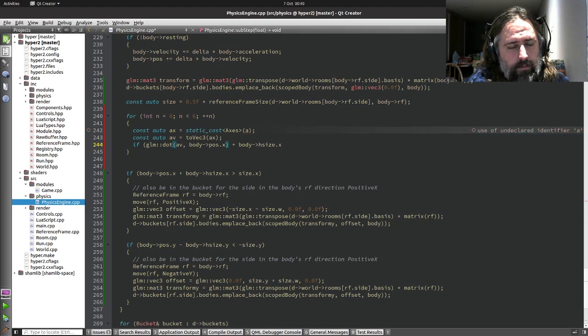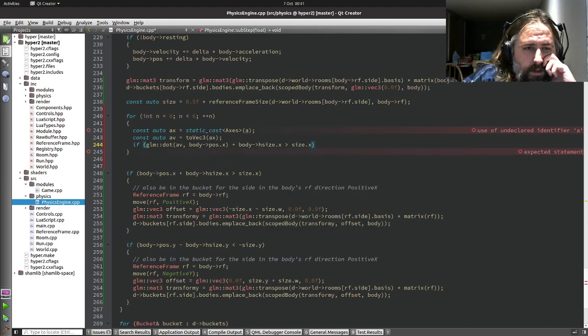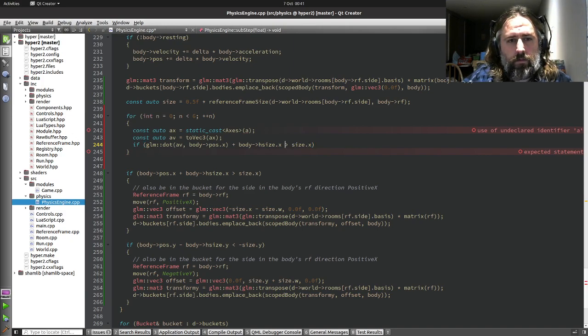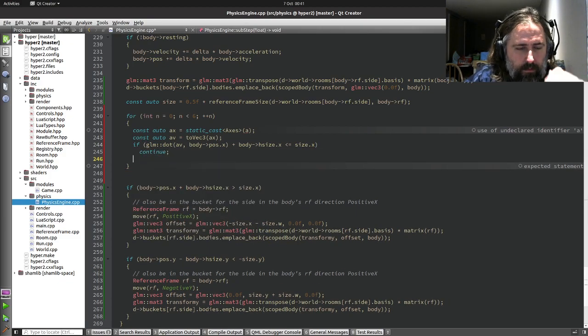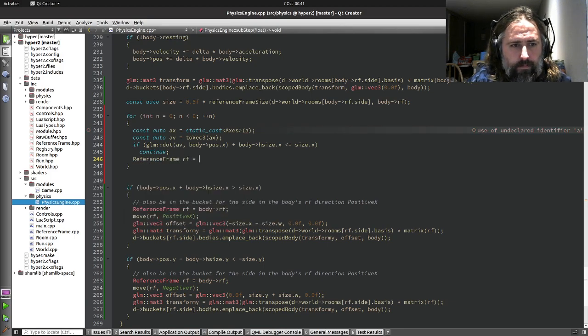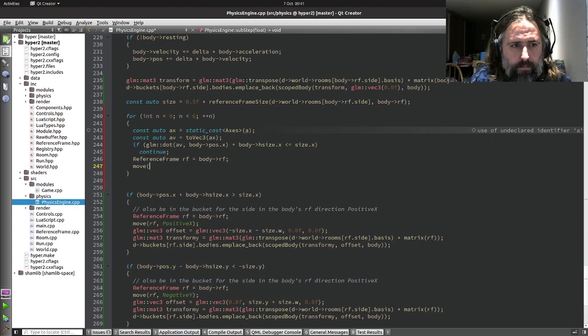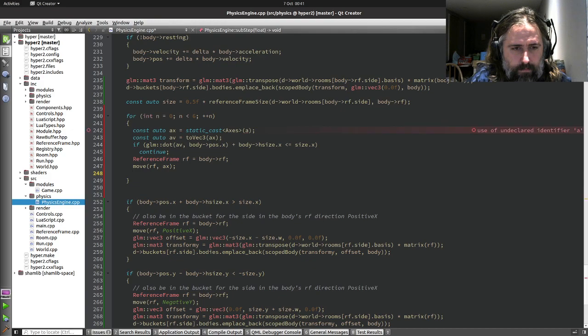No, okay, so with that is bigger than size x, is that correct? Maybe. So what I'm going to do is just flip it around. So just continue. Okay, so now we know it's exceeding that direction. And we can move the reference frame in the direction of the axis. And then we're pretty much done.